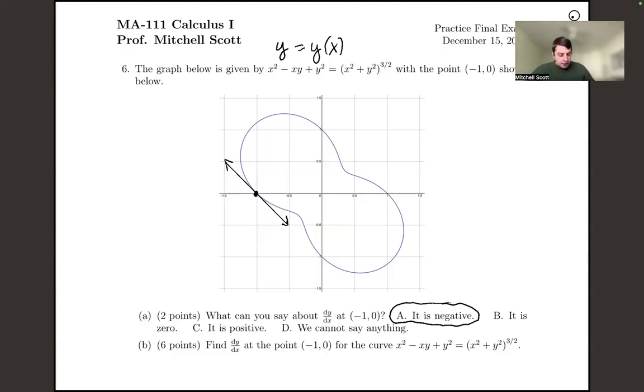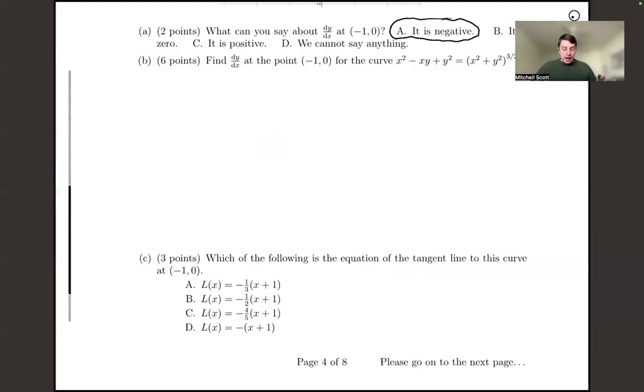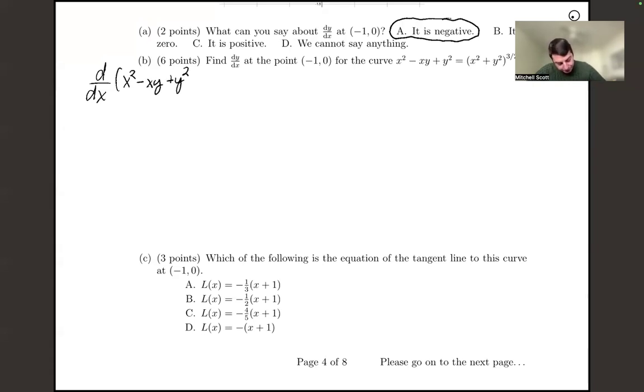Okay. So now here's like a hidden implicit differentiation question. We need to find dy dx at this point of the curve. Okay. So it looks super scary. I promise you it's not, right? So how we start is we take the derivative of both sides, d dx of x squared minus xy plus y squared equals d dx of x squared plus y squared to the 3/2, right?